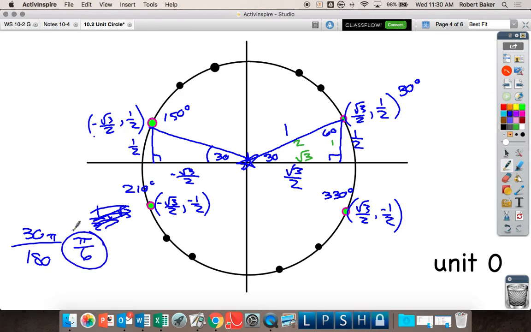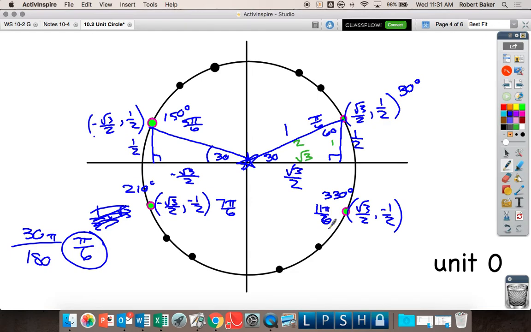So I need to count by pi over 6s. 1 pi over 6, 2 pi over 6, 3 pi over 6, 4 pi over 6, 5 pi over 6, 6 pi over 6, 7 pi over 6, 8 pi over 6, 9 pi over 6, 10 pi over 6, 11 pi over 6, 12 pi over 6. So that's a really intuitive step because you have to know what dots to skip.